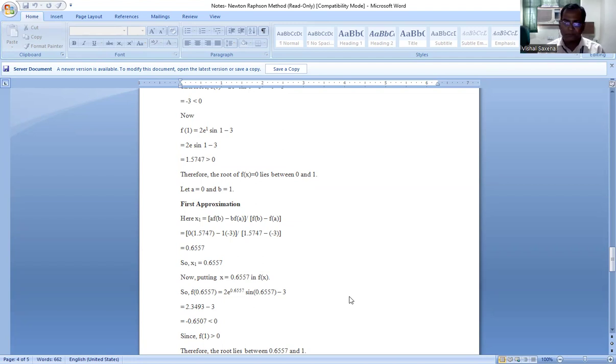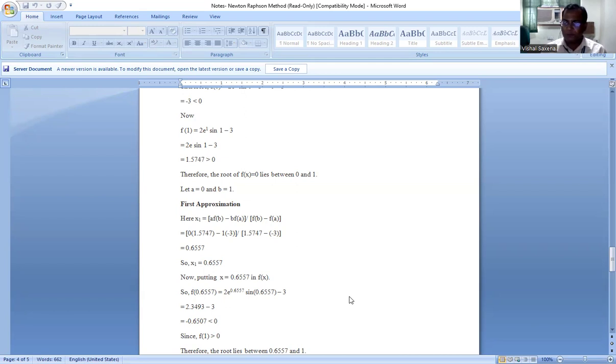Therefore, we have to break our interval (a, b) into (a, x1) or (x1, b), and that can be checked by the concept that if f(a) times f(x1) is negative, then the root will lie between a and x1. If f(x1) times f(b) is negative, then the root will lie in the interval (x1, b).